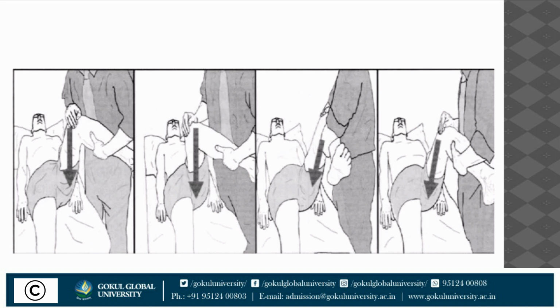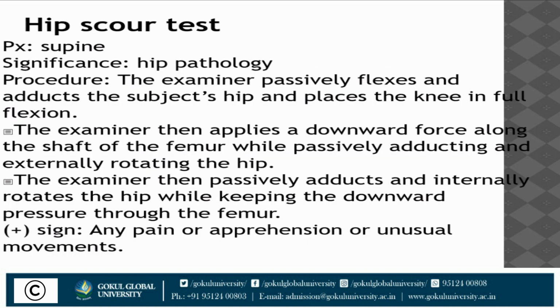The examiner then passively adducts and internally rotates the hip while keeping the downward pressure through the femur, as we can see in figures 3 and 4. If we see any pain or apprehension or unusual movement at the hip joint, that means the test is positive for hip pathology.